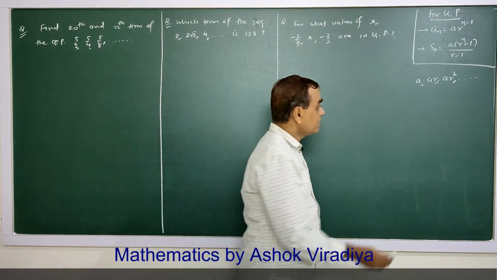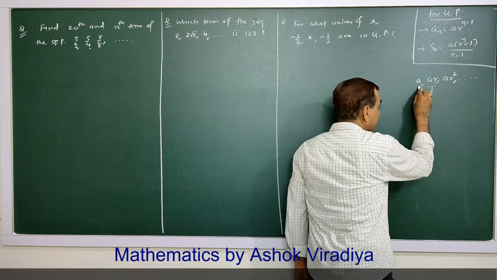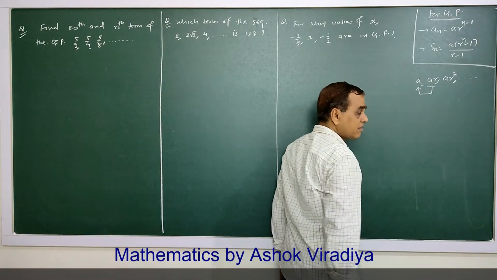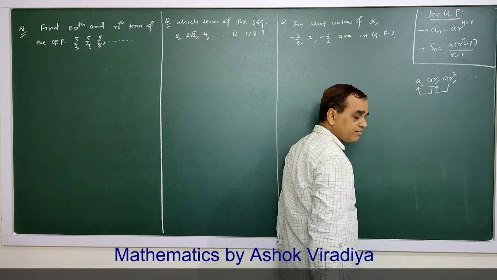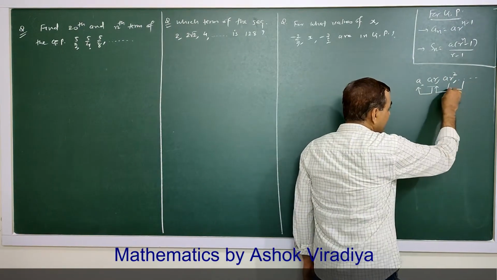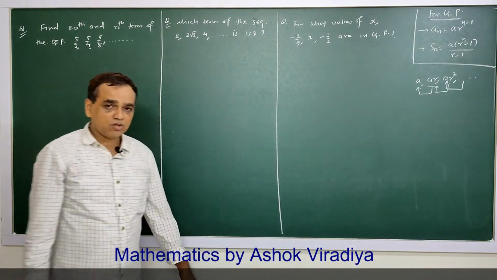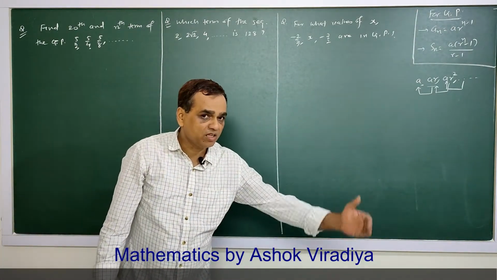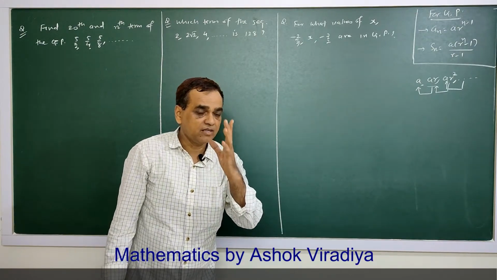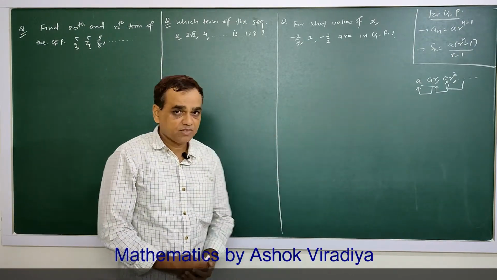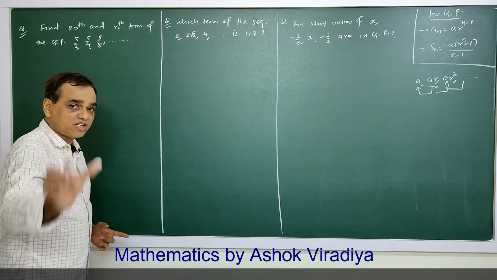Say the common ratio is R, that means second term divided by first term is R, third term divided by second term is R, fourth term divided by third term is R. So dividing the n plus 1th term by the nth term, it must be R in this progression, and it should be equal, common or constant.